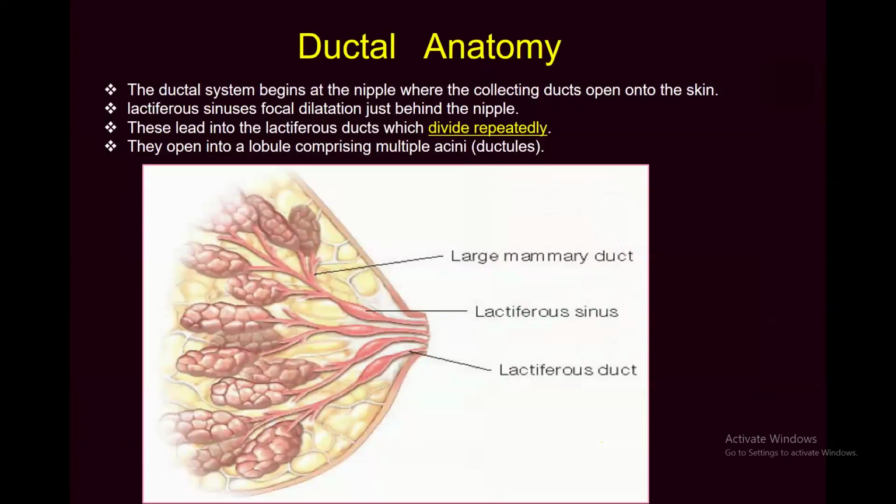Going further, again, these are the converging lactiferous ducts into the nipple, and these are the lactiferous sinuses, and these are divided and further divided into segmental, subsegmental, terminals, until the lobule ends in ductules.